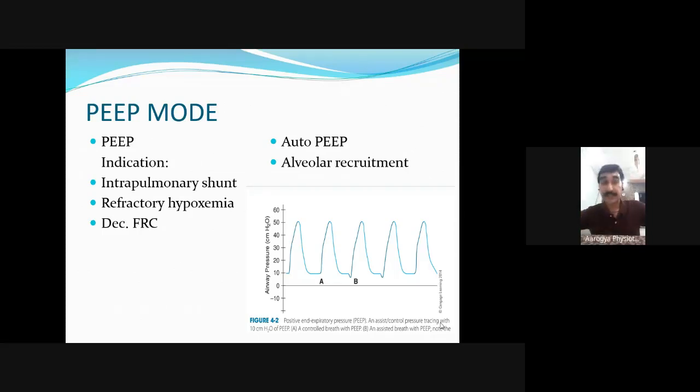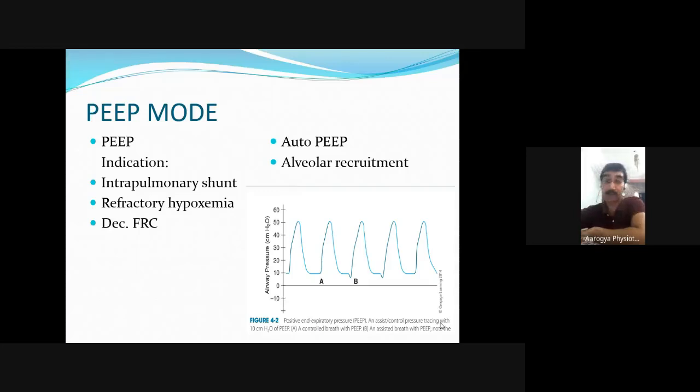If you see in the waveform, the pressure starts from 10 because we have set the positive end expiratory pressure at 10. It will never go below 10 unless the patient gives a spontaneous activity. In the A wave, pressure starts from 10, it goes to 50. So 50 is the peak inspiratory pressure.